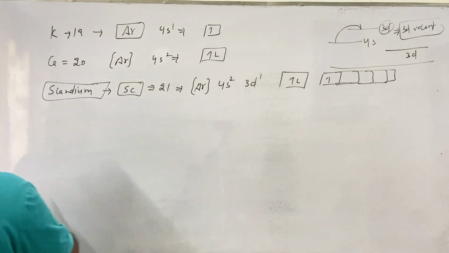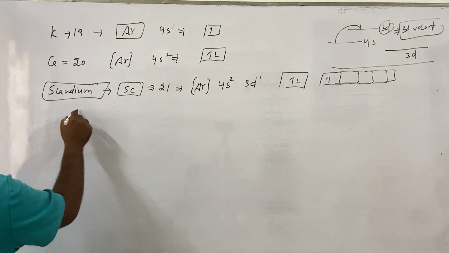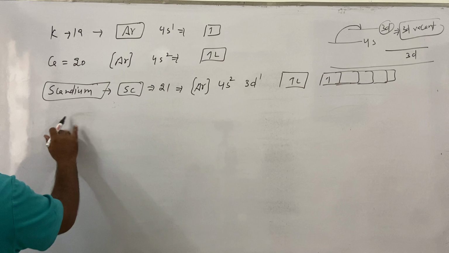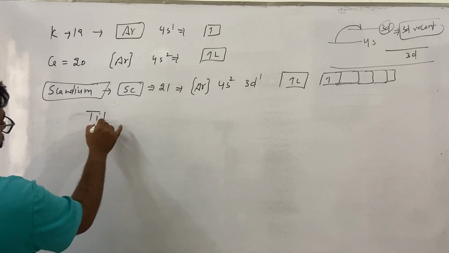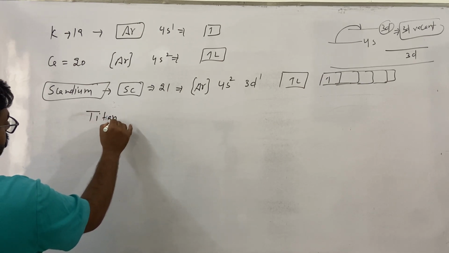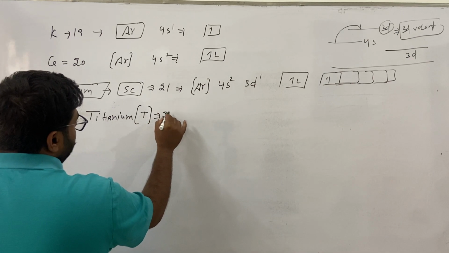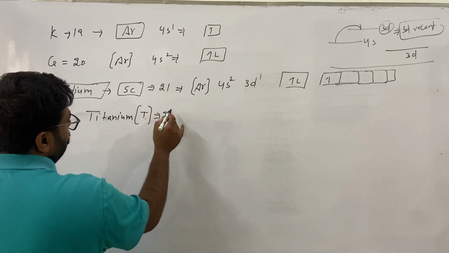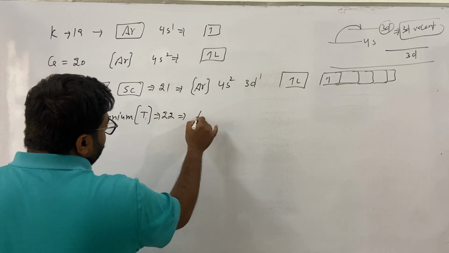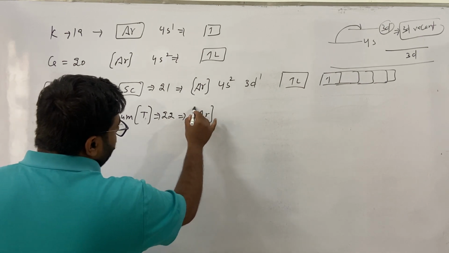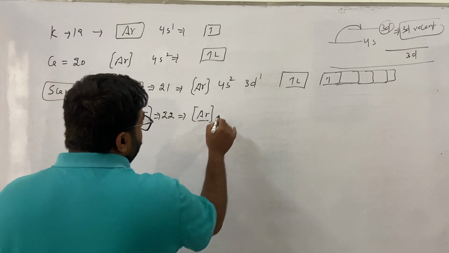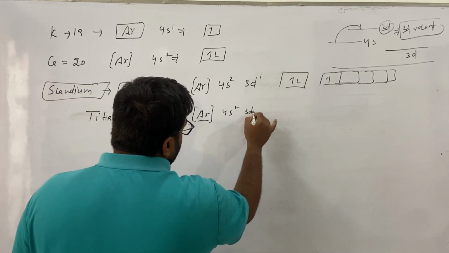So further there will be vanadium, scandium, titanium. It can be represented by T, maybe Ti, I'm not sure. 22, how can we write it? Up to 18 there will be argon, and 4s2 and 3d2.